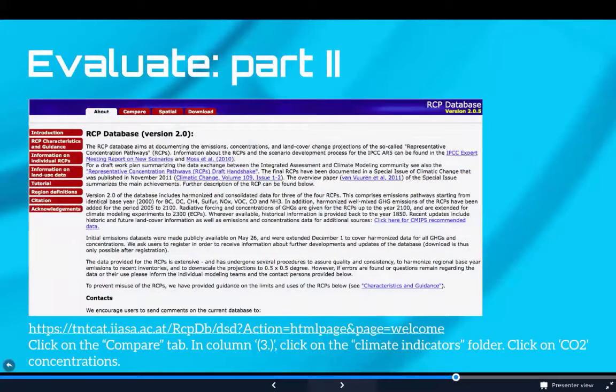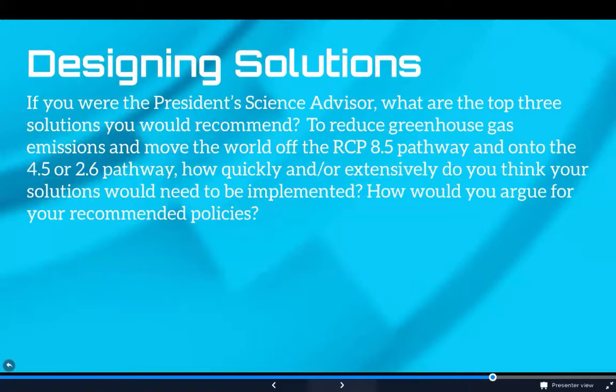If you wanted to evaluate further, you could actually look at the representative concentration pathways. We want students to think about how to design solutions. So if you were the president's science advisor, what are the top 3 solutions that you would recommend?